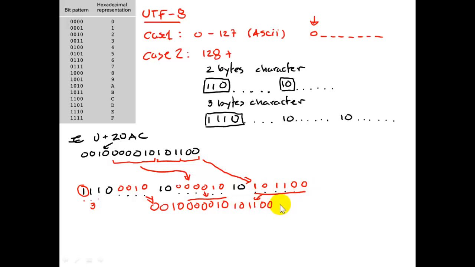If you take this value right here and you have 1, 1, 0, 0, that's a C, 1, 0, 1, 0 is an A, 4 zeros in a row is a 0, and this is a 2, we are recovering the original encoding for the euro.